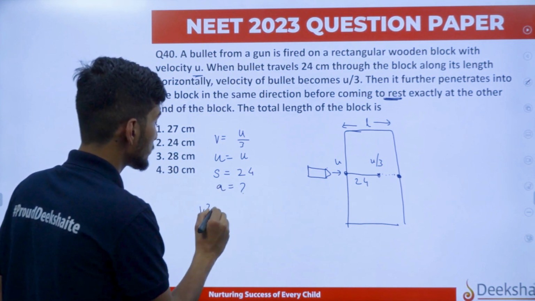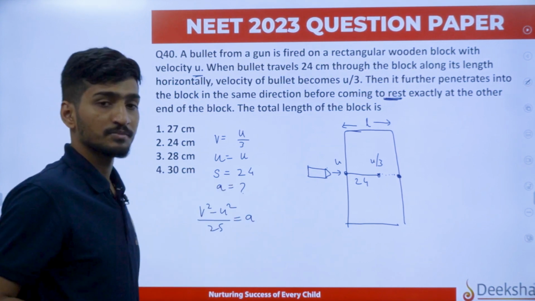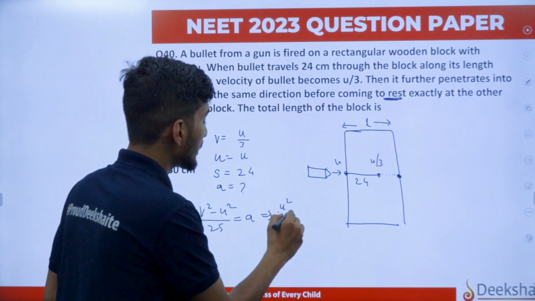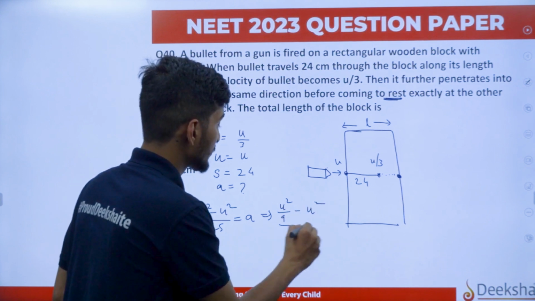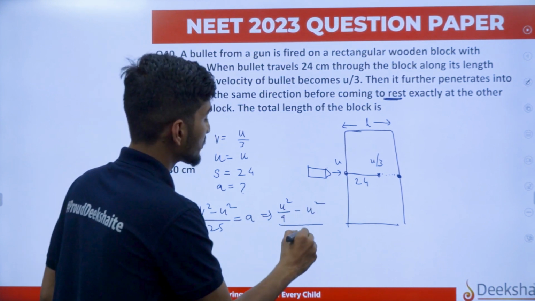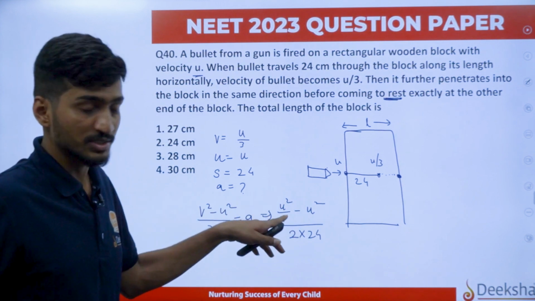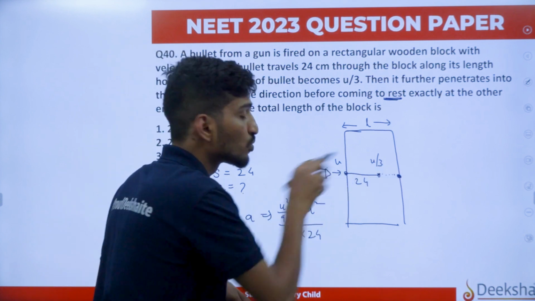Third equation says v square minus u square by 2s should be the value of a, or in this case it should be u square by 9 minus u square by 2 into 24. Now this value is not going to change, right? Understand, acceleration or deceleration in this case is going to be same throughout the block.